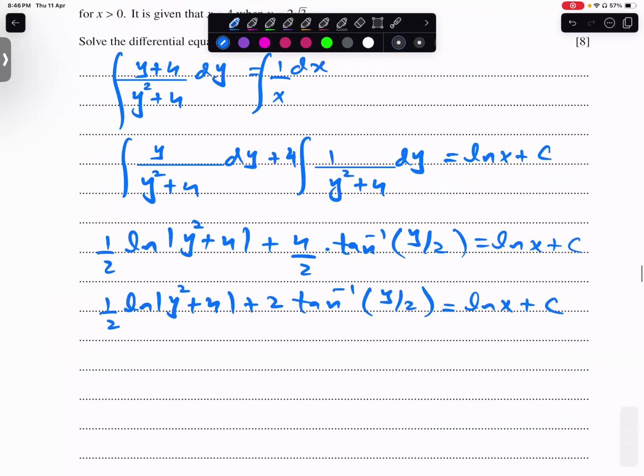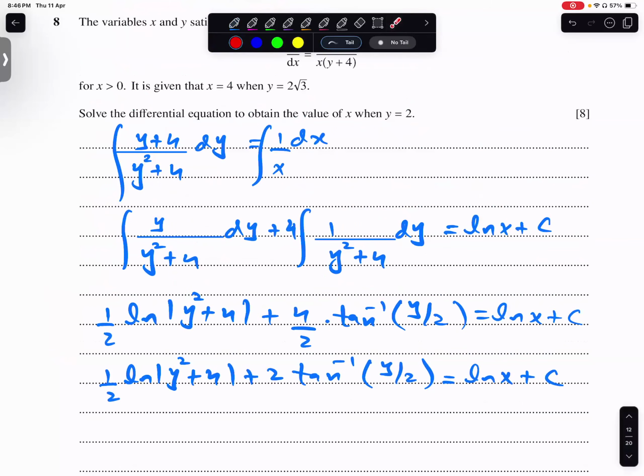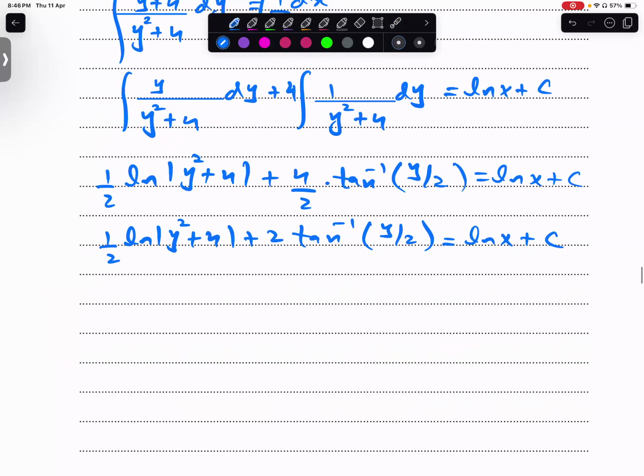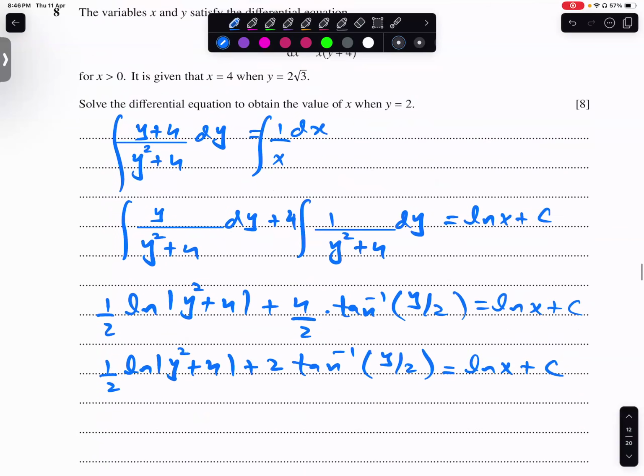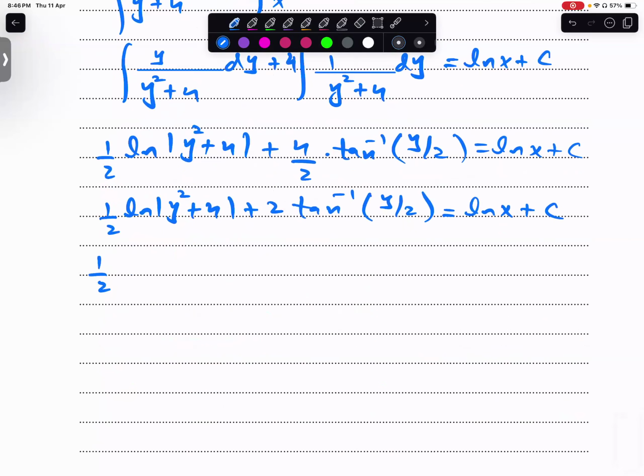Now, what was the condition? The condition was, it is given that x is 4 when y is 2 root 3. So y is 2 root 3 means natural log of 2 root 3. If you put the square on it, 2 root 3 square will be 12, because 4 threes are 12.